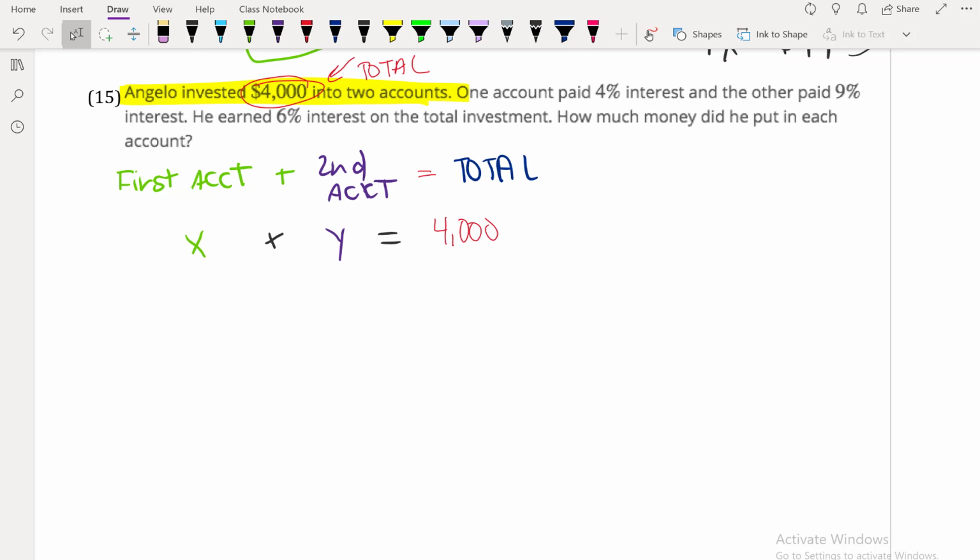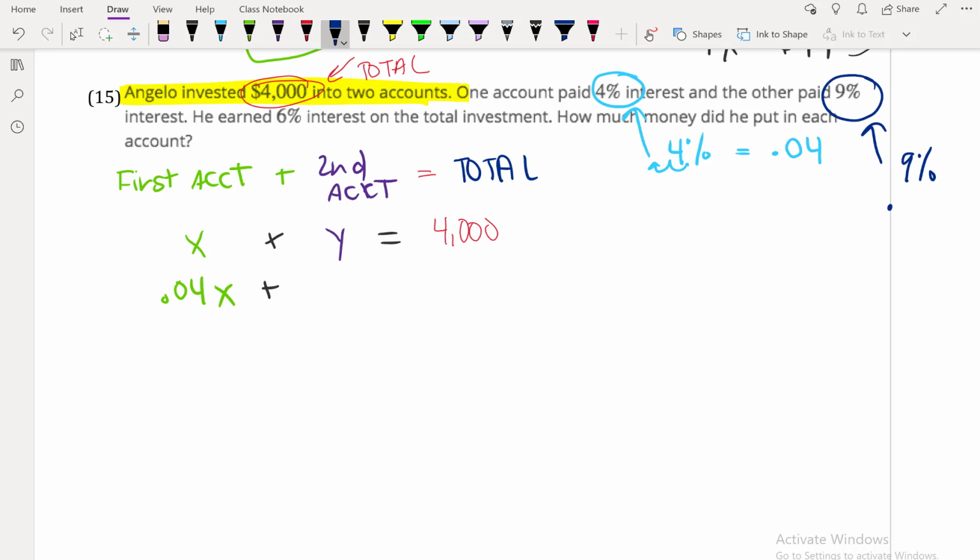It says one account paid 4% interest. So if I'm trying to write 4% as a decimal, that means I'm going to move the decimal over twice. So it ends up becoming 0.04. So let's just go ahead and say the green one is 0.04x. And so the second account that I have here is 9%.